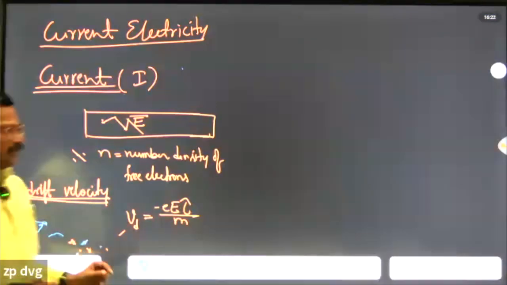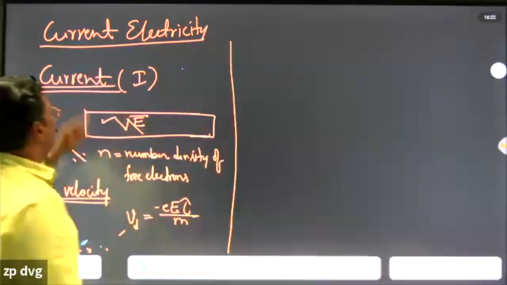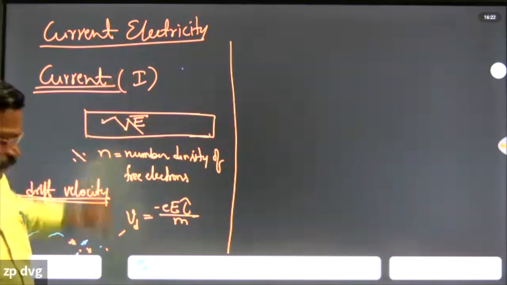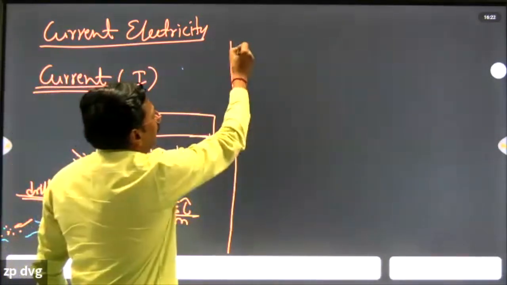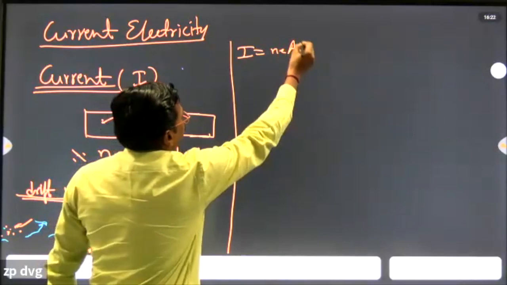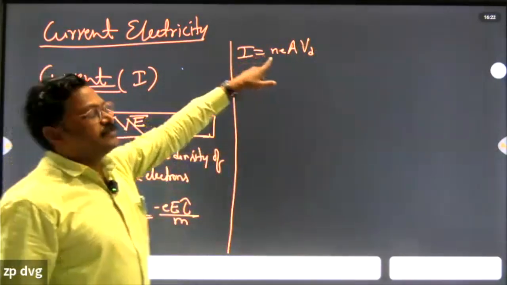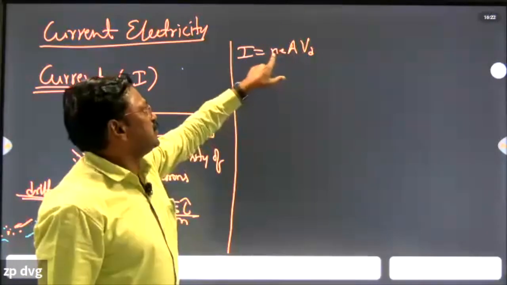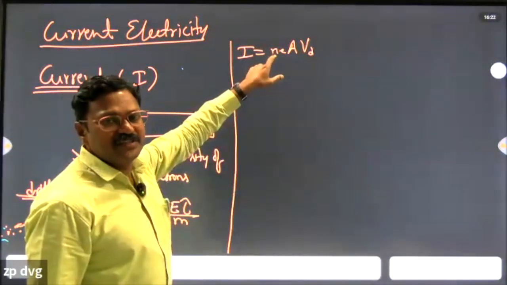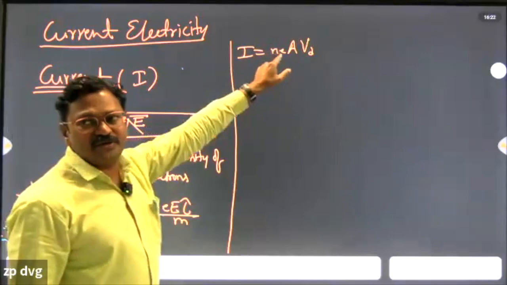Okay, let's consider the expression for current in terms of drift velocity. We are actually talking about current. Let us find out the expression for current. So current I can be defined as an expression in terms of the microscopic properties of the conductor, such as the number density of electrons. Number density of electrons is given by small n, as we discussed, and e is the electron charge.